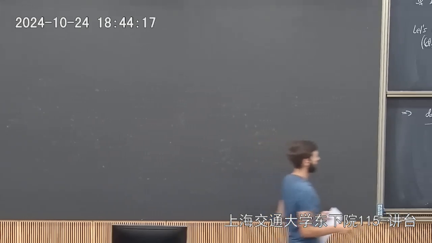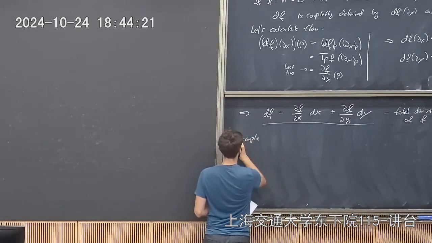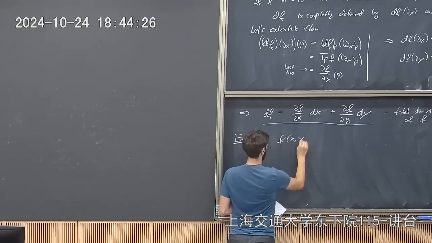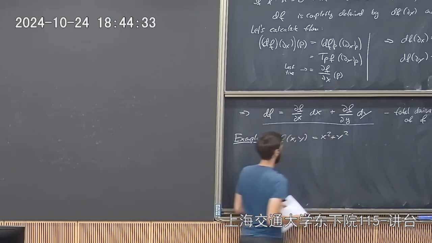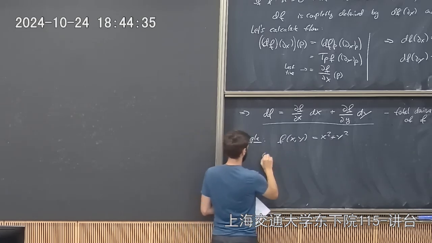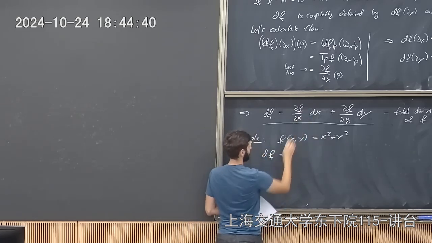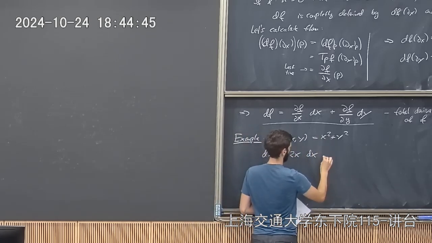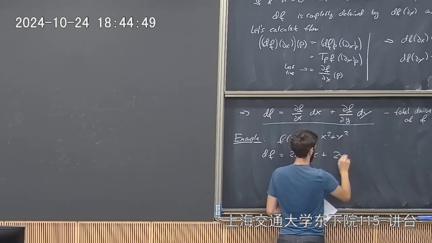Okay, so to give a very concrete example, what it means is that, for example, if f of x is just the norm squared of the vectors, then for df you take the partial derivative of f in x direction to get 2x dx plus the partial derivative in y direction.